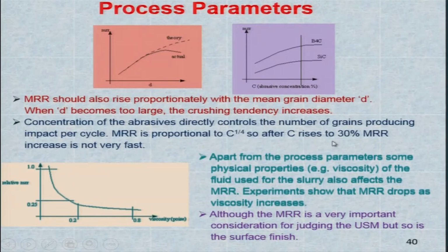MRR is proportional to C to the power 1 by 4, concentration to the power 1 by 4. So, after C rises to 30%, MRR does not increase very fast. It almost stabilizes, you can see that. This is made for the abrasive concentration percentage C, for two different abrasive materials, boron carbide and silicon carbide, and the material removal rate for boron carbide is more than for silicon carbide, as you can see here.